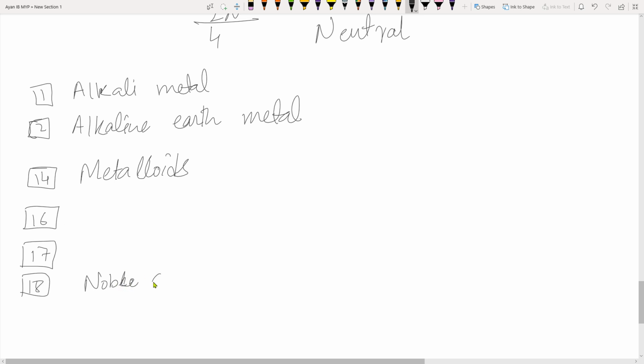Noble gases or inert gases. And we have this 17, which we call halogens.